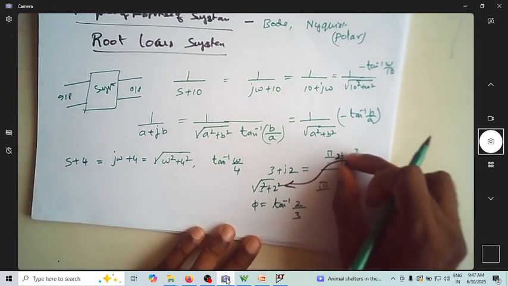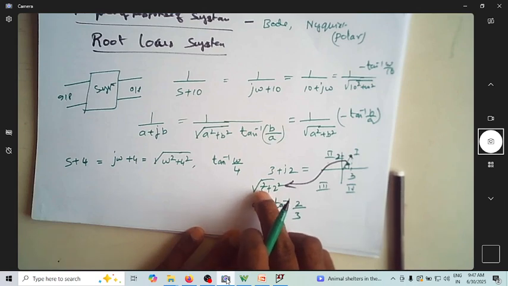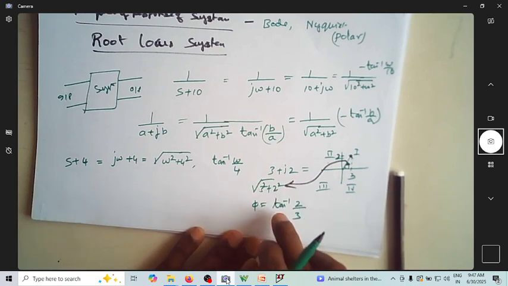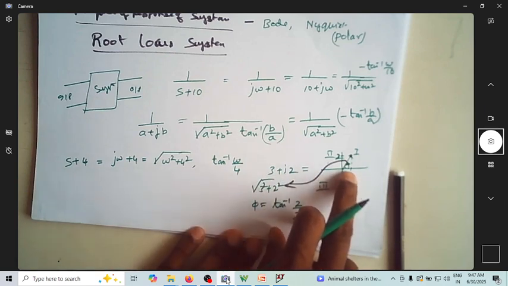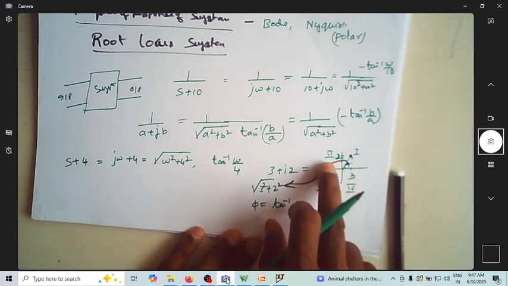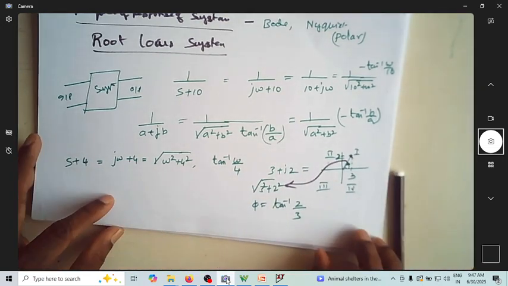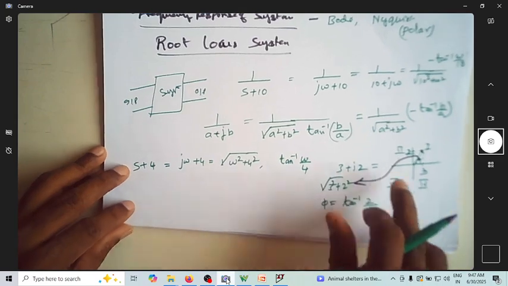So the magnitude is the square root of 2 square plus 3 square, and the phase angle is tan inverse of 2 by 3, because 3 is the real value or the adjacent side, and 2 is the magnitude of the opposite side.